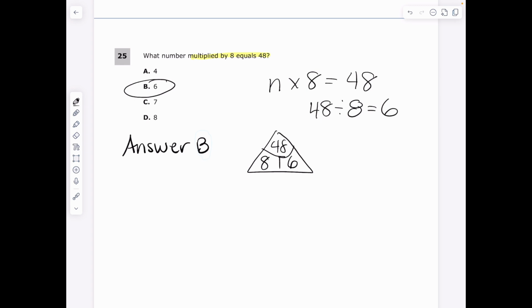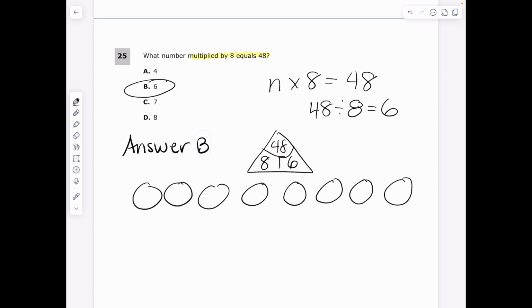Again, it's a fact family. But if you weren't sure, like if you don't know your multiplication tables, you could have just kept counting by 8. And I see a lot of kids honestly do this, where they just make 8 circles. And this is for kids who just don't know their fact families. And I've seen them literally just start adding numbers in there, and they might think, well, let's start with an easy one like 5.